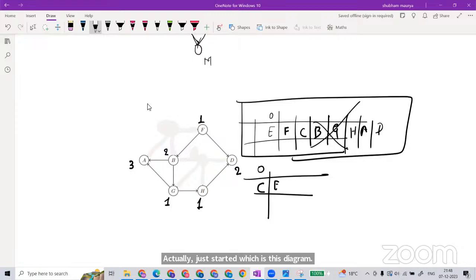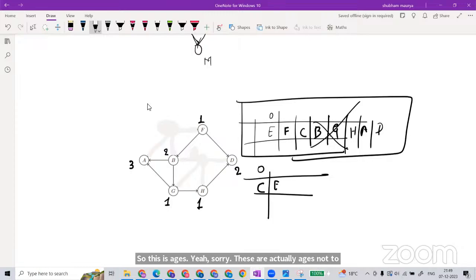He is trying to say edges, but he spoke wages. Sorry, these are actually edges, not wages.